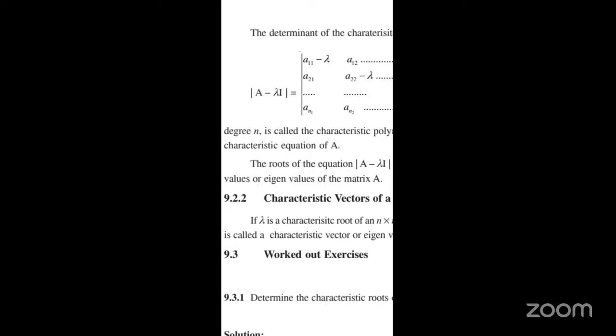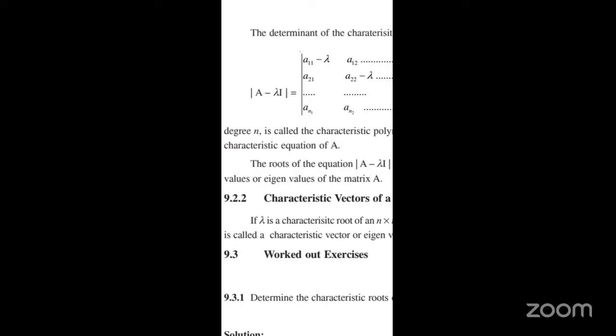So now n by n is given, and replacing the given coefficient matrix to find the characteristic equation, the determinant of A minus lambda I equals the determinant with a11 minus lambda, because the principal diagonal entries a11, a22, and so on up to ann are replaced by a11 minus lambda, a22 minus lambda, and so on, ann minus lambda.